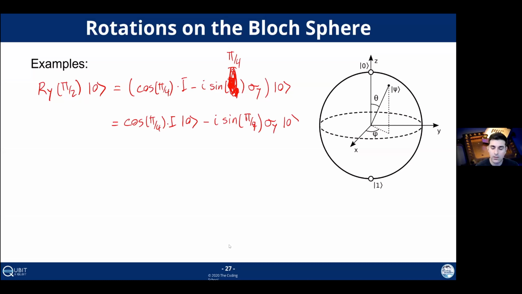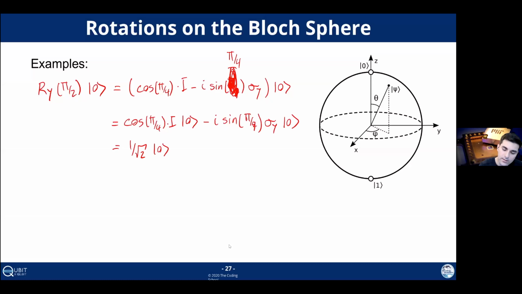So the identity acting on 0 doesn't do anything, and the cosine of pi over 4 is 1 divided by square root of 2. So from the first part, I get 1 divided by square root of 2 times 0.